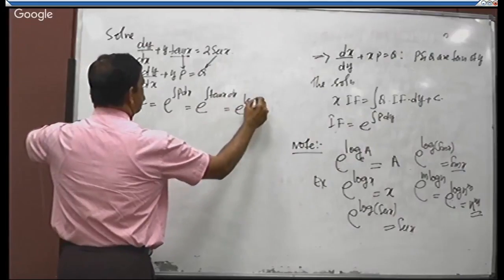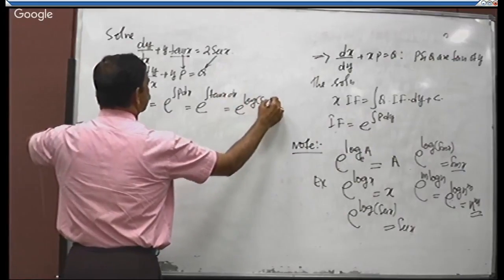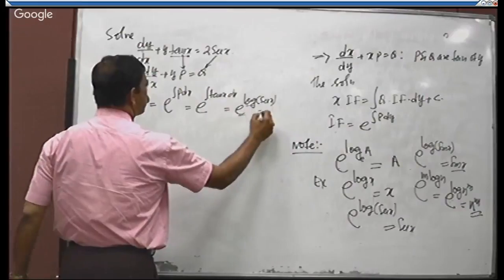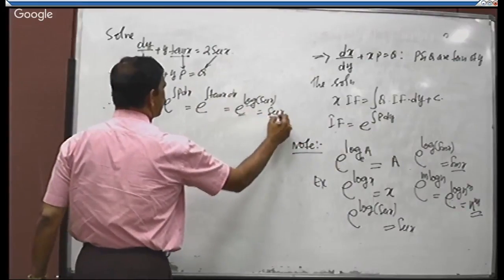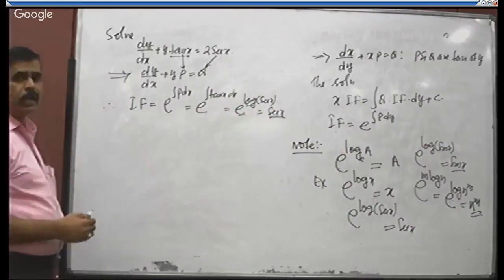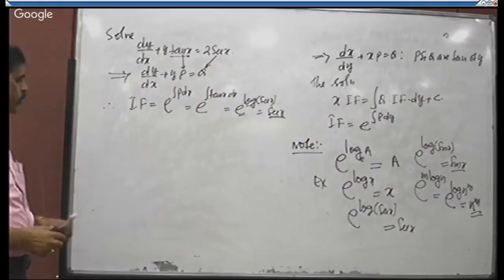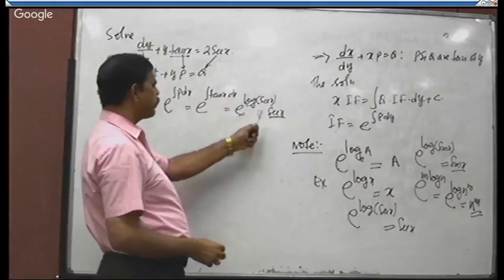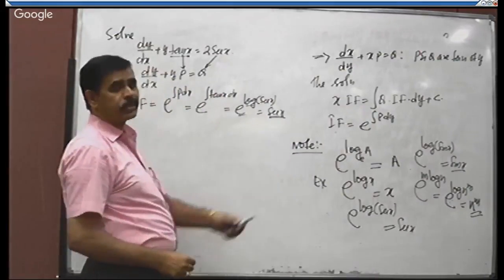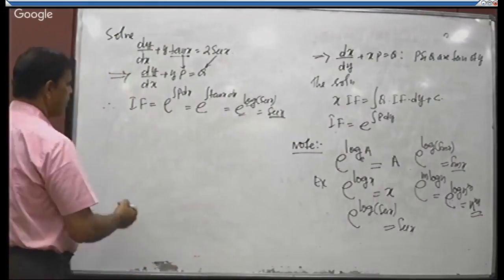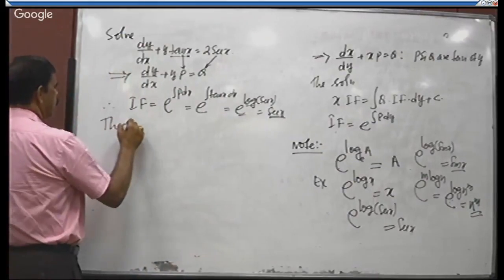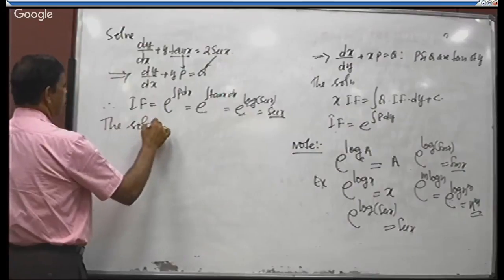Integration of tan x is what? Log of secant x. Is it right? e and log cancel, only secant x will remain. That will be the integrating factor. What is the integrating factor? It is secant x. Right. After knowing that, get the solution.